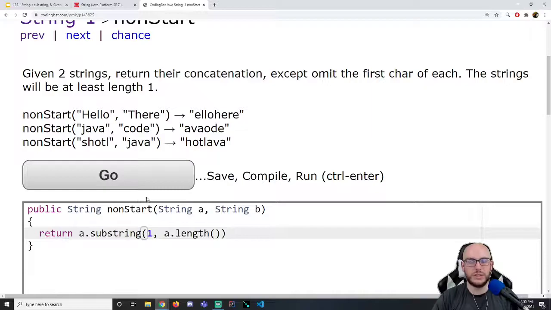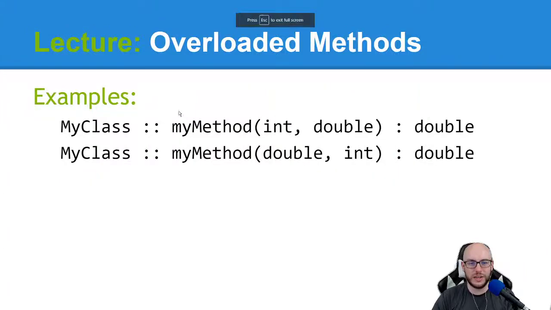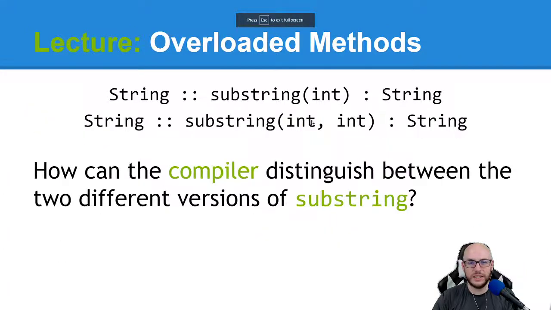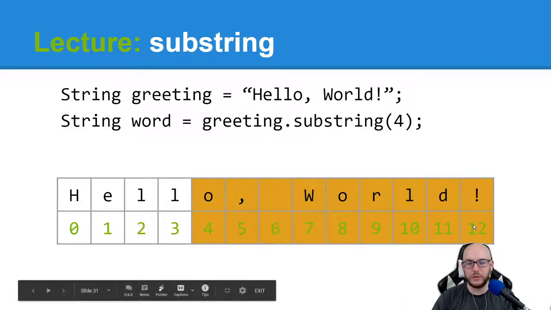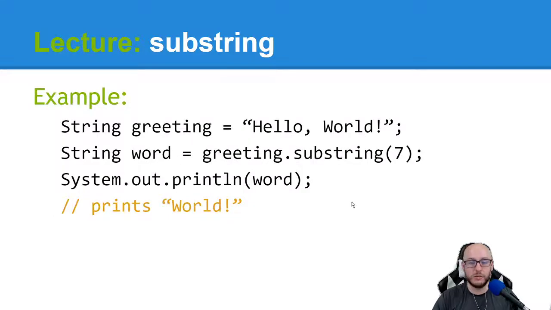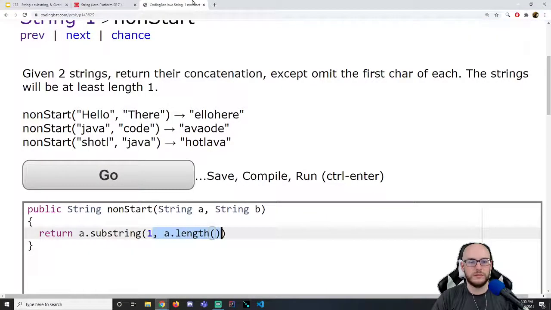All right. Just three CodingBat problems ago, I told you that if you ever do this, you could just use the overloaded version of substring, right? This version of substring that we got introduced to today is going to start at the specified index and go through the rest of the string. So in this case, I want to start at index 1 and go through the rest of the string. Simply put, we could do this.